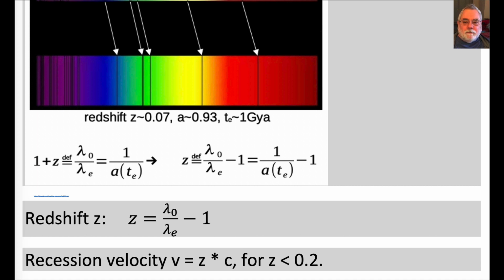For small redshift, the recession velocity equals the redshift z times the speed of light, c. The vertical axis in Hubble's plot was the speed of light times z obtained from visible spectra, obtained by another astronomer, Slipher, in the 1910s.